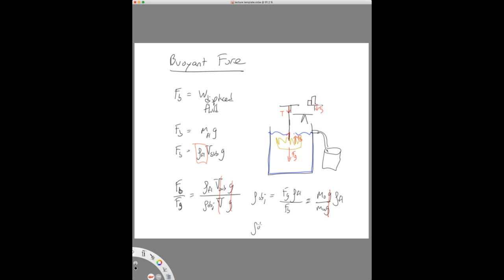And so the density of the object would be equal to the density of water times the ratio of the mass of the object over the mass of the water that it displaces. That's kind of how it works. Now, don't think of this as an equation to memorize, but instead think about this process. Any questions?